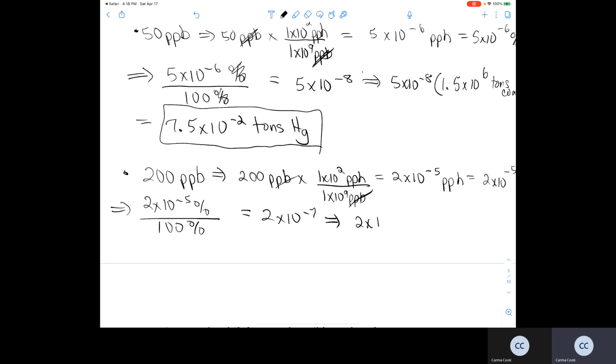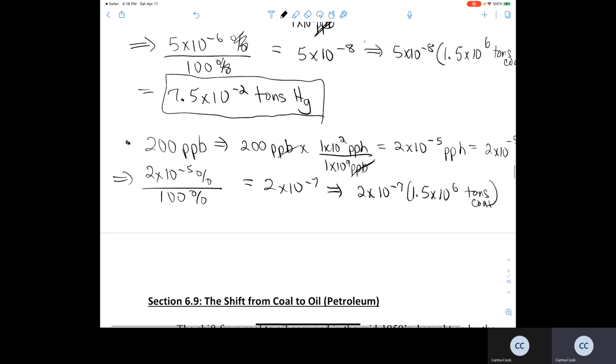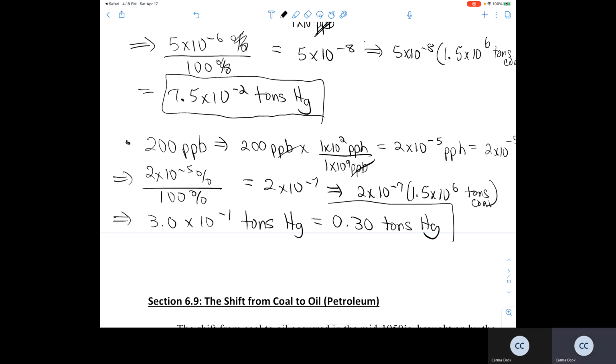Take that decimal and multiply it by 1.5 times 10 to the 6, and you get that many tons of mercury.